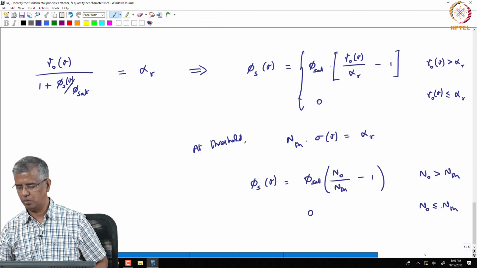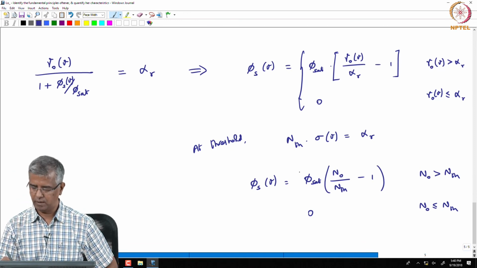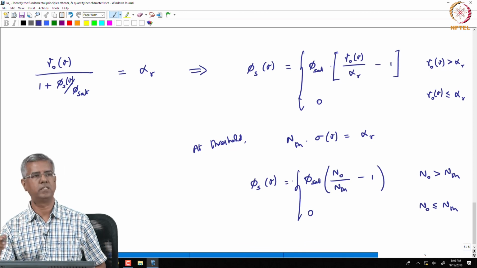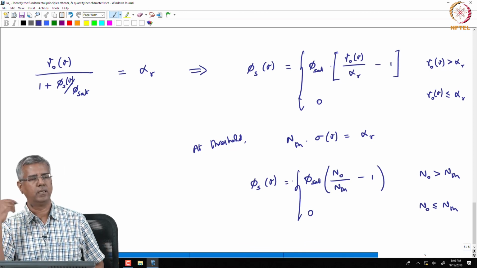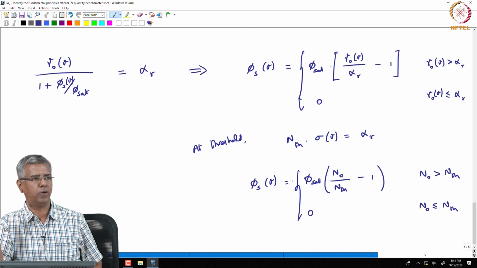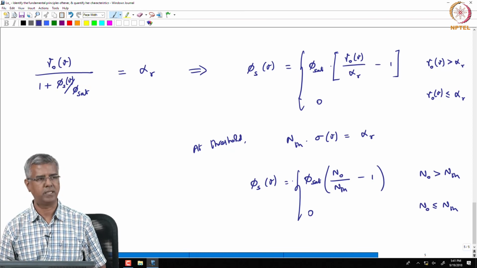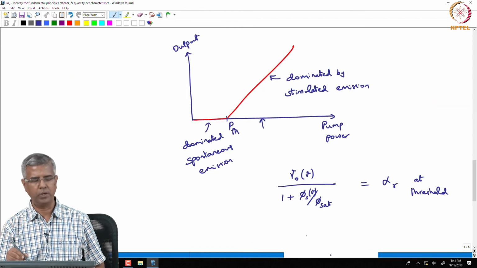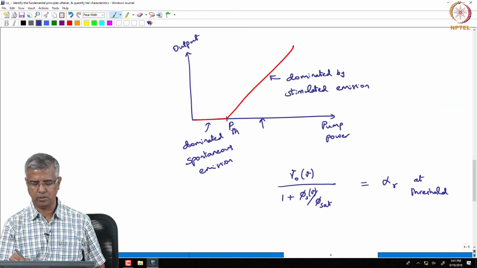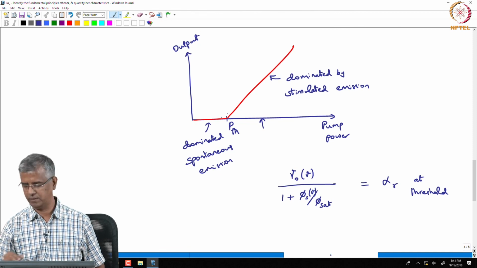Right. So, we are basically saying that there is going to be a sudden change in the signal photon flux around that threshold. Once you reach that threshold condition, you would have a sudden change, and that is what we are showing over here. So, all that action happens around this threshold over here, right.